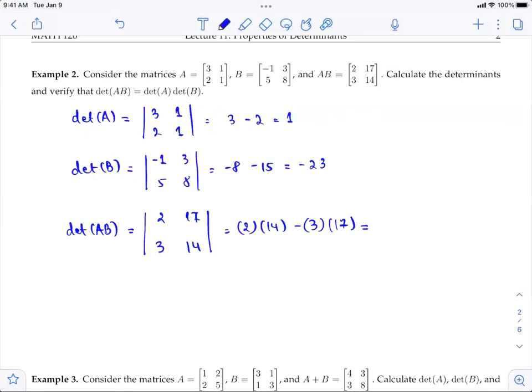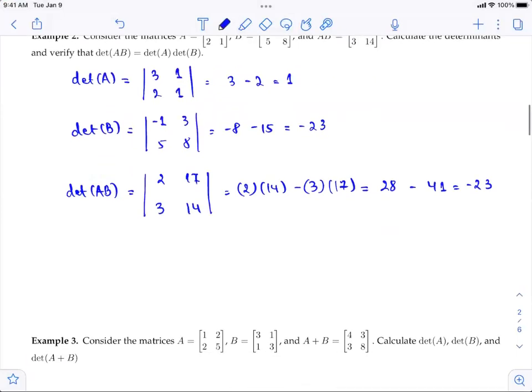If we do the calculation correctly, you have 28 minus 51... equal to -23. So again, we just verify that the determinant of A times B is equal to the determinant of A times the determinant of B.